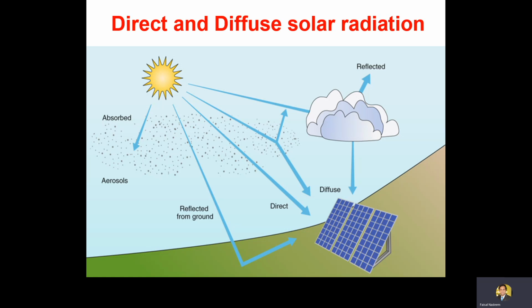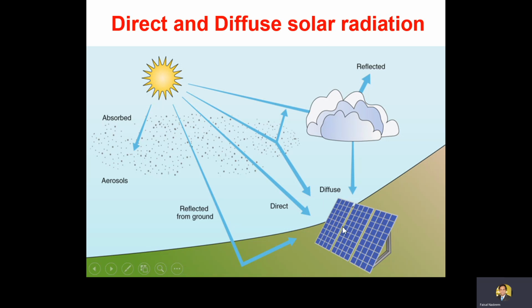So we can see here that radiations can be classified into three forms. One is the direct radiation, which reaches the solar panels or receivers directly without any diffusion or reflection. The other is known as diffuse radiation, which reaches our receiver after passing through the environment, through air particles and smoke, and getting diffused there.